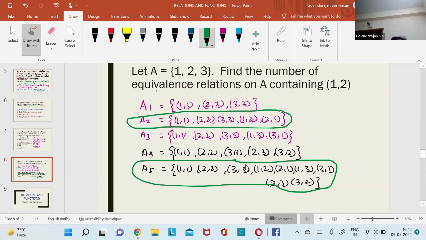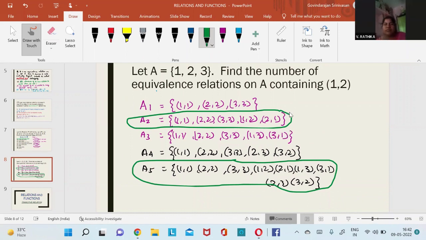That also is 2. Okay, we can answer. So many questions they asked here, and there is another question: which relation is reflexive, symmetric, but not transitive. This is all equivalence relation: reflexive, symmetric, and transitive.